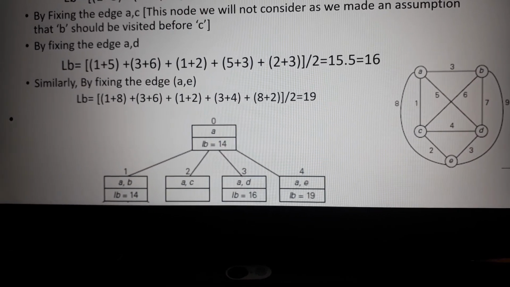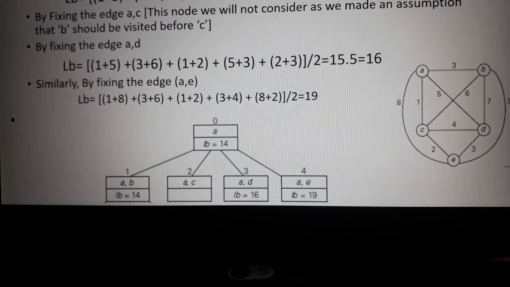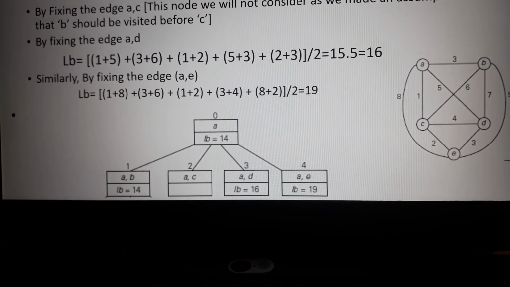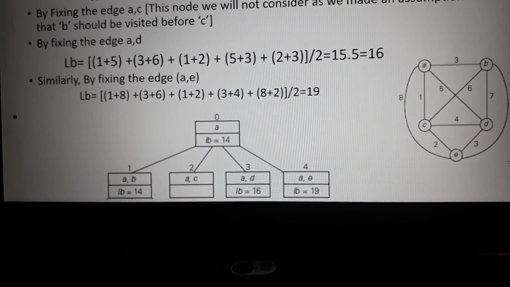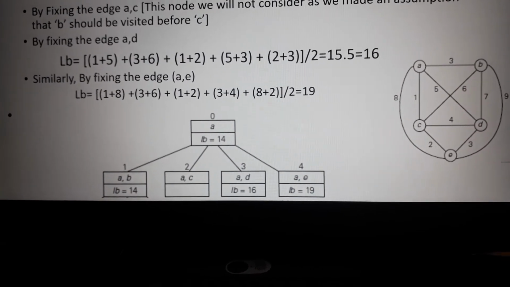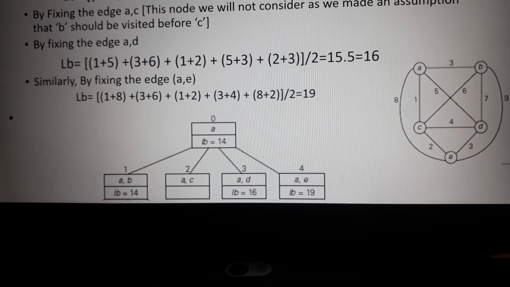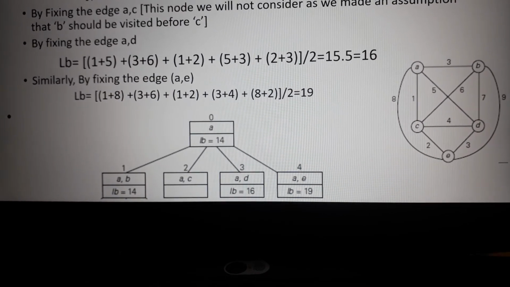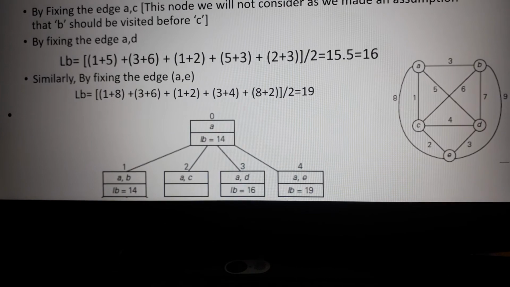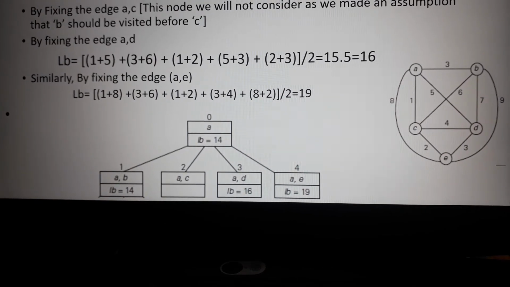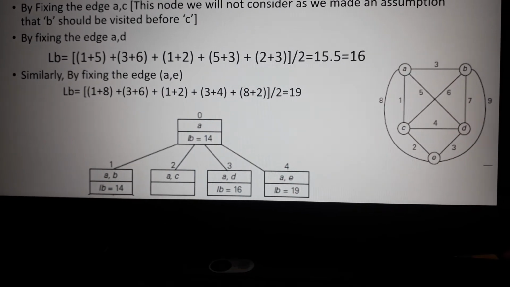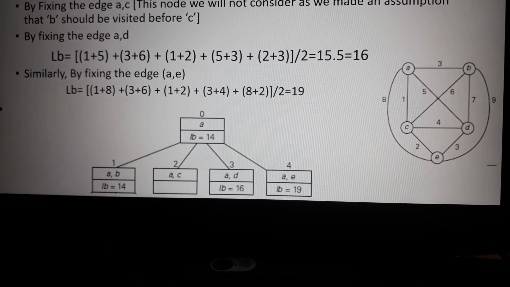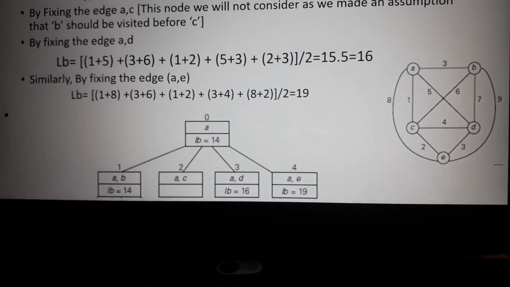So, of the two minimum cost edges we consider, one is fixed, that is 5, and the remaining minimum cost edge that we take is 3. So, 5 plus 3, plus the two minimum cost edges from E, 2 plus 3. The total sum divided by 2 equals 15.5. As the edge weights are integers, we round off the lower bound to the nearest integer, that is equal to 16.